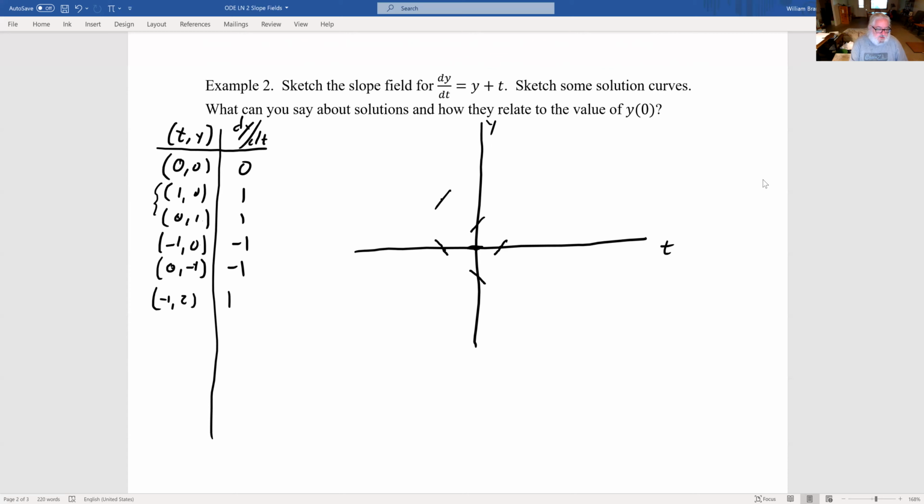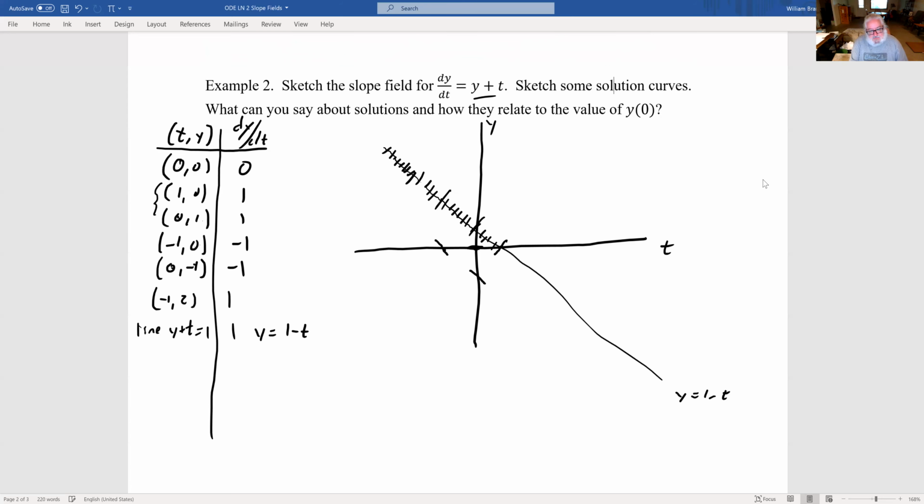So in fact, along the line y plus t equals 1, your slope is equal to 1, because that's what this is. And that's the line y equals 1 minus t, and that's this line. And everywhere along here, you have a slope of 1.